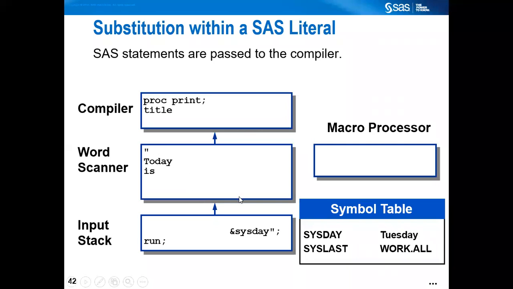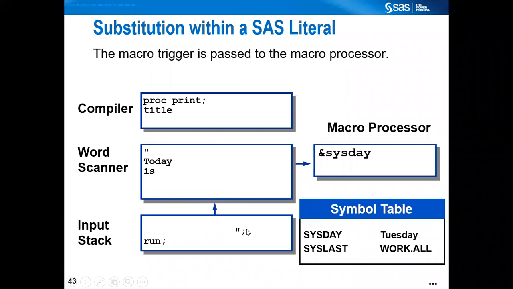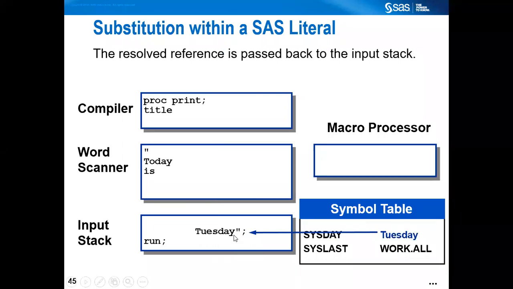But within it, now it encounters a macro trigger. Because you have given double quotes, it will treat it as a literal, but within it, it finds a macro trigger. Only that word is sent to the macro processor for processing. Here it will check its value to be resolved from the global symbol table. The value is Tuesday. This value gets resolved into the input stack.